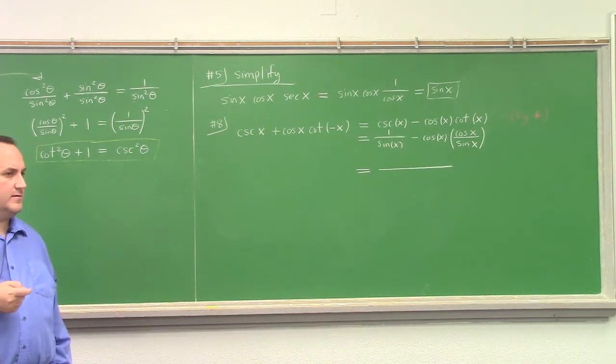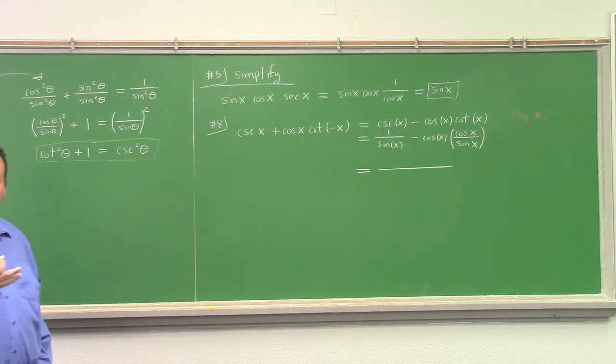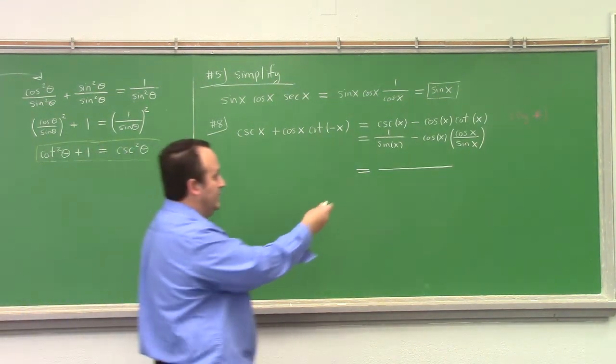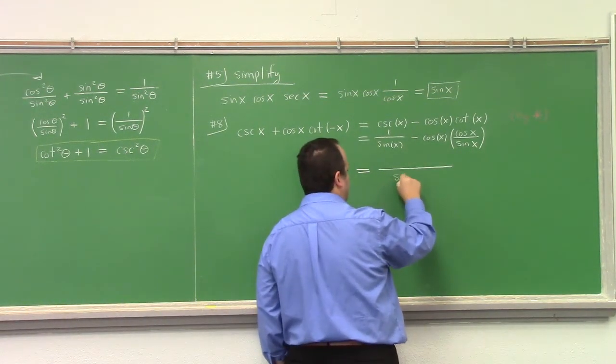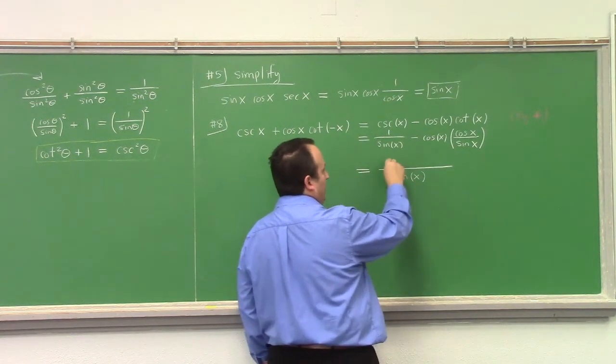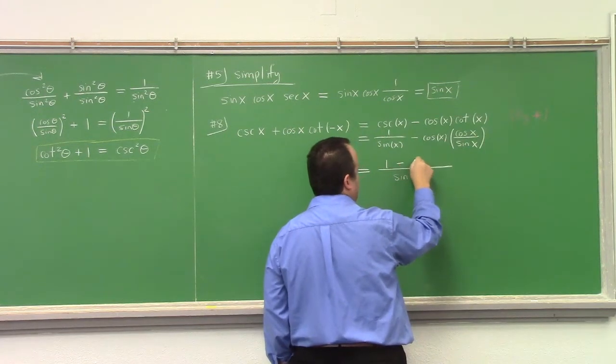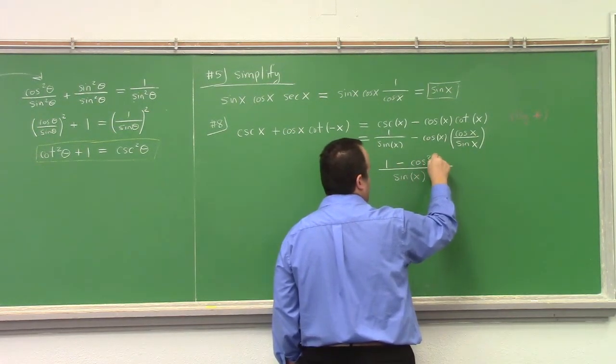It'd be a square. But look, there's a denominator of sine x. See that? We can put sine x here. And then we have 1 here, cosine times cosine, minus cosine squared x.